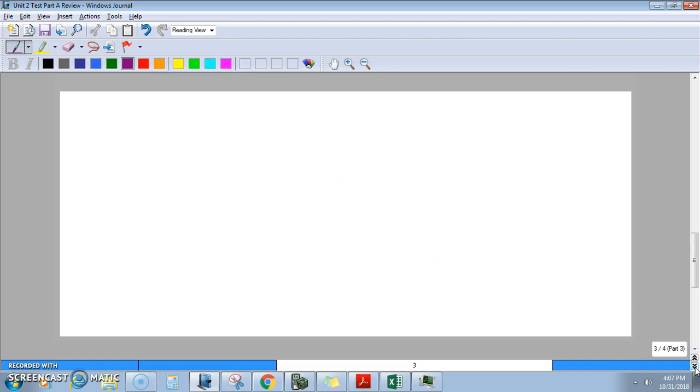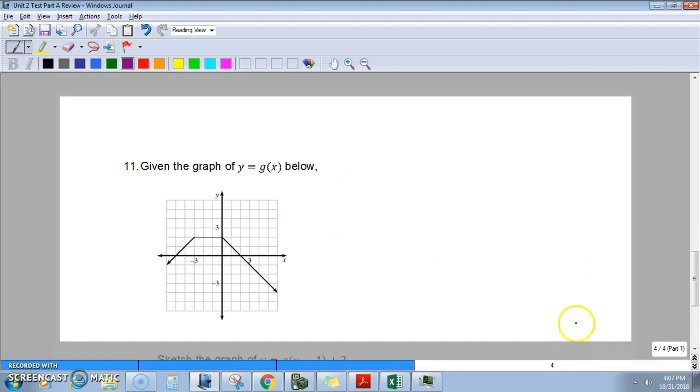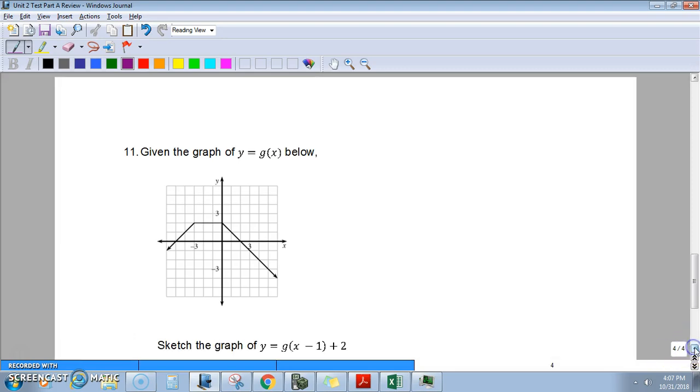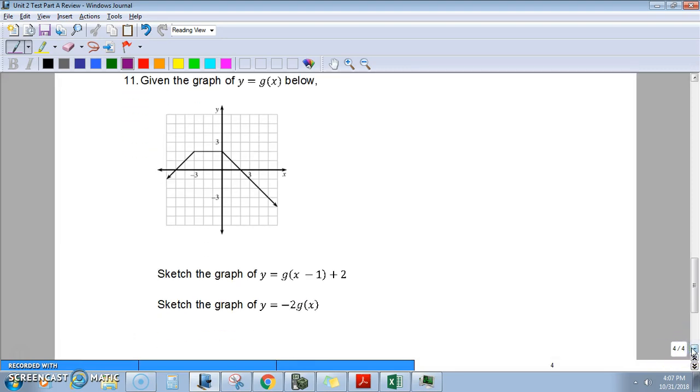Okay, I think we have one more question, don't we? Yes. Given the graph of y equals g of x below, sketch the graph of y equals g of x minus 1 plus 2. So this means we're going to move to the right 1, and this means we're going to move the graph up 2. So each point is going to move to the right 1 and up 2.